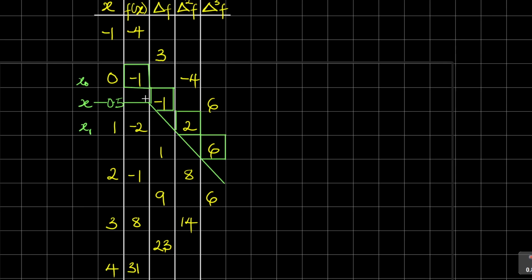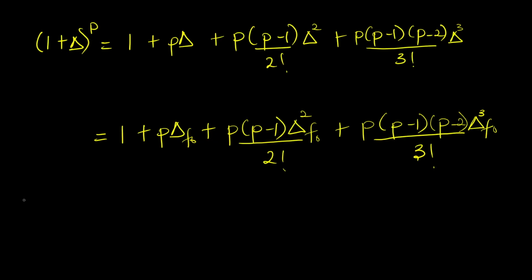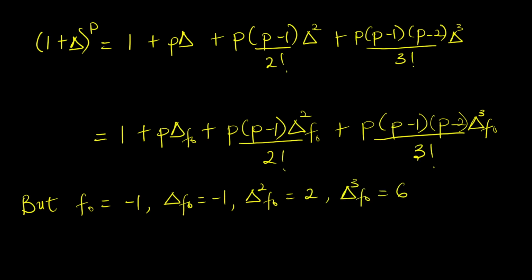Therefore we can say that our f naught is minus 1, delta f naught is minus 1, delta squared f naught is 2, and delta cube f naught is 6.